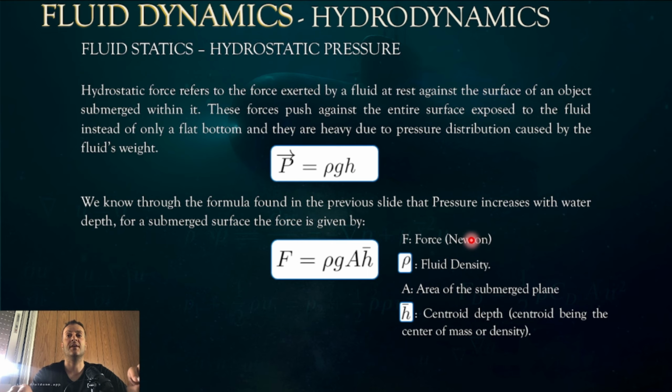So F is the force in Newtons, rho is the fluid density, g is the gravitational acceleration, 9.81, A is the entire external area of the body that is submerged, and h bar is the centroid depth, meaning that it is the center of gravity of the depths, like the center of gravity of the object, because the depths will vary against that object because it has some thickness.